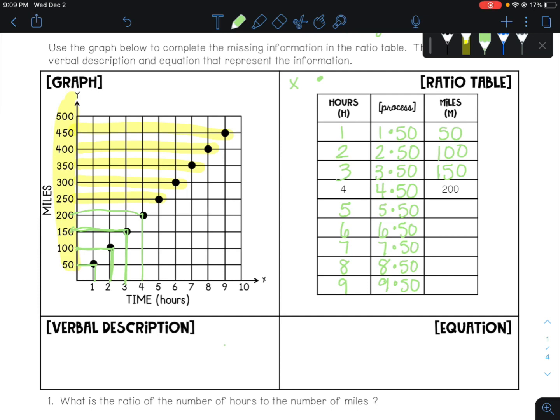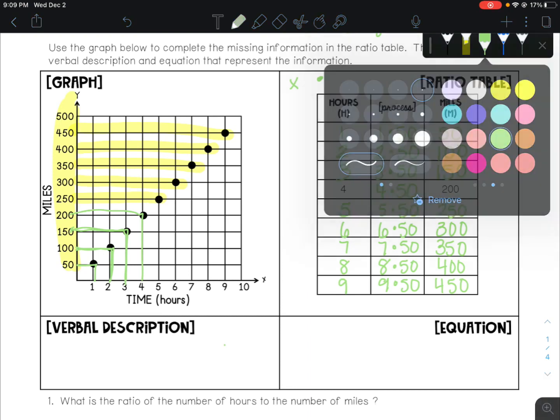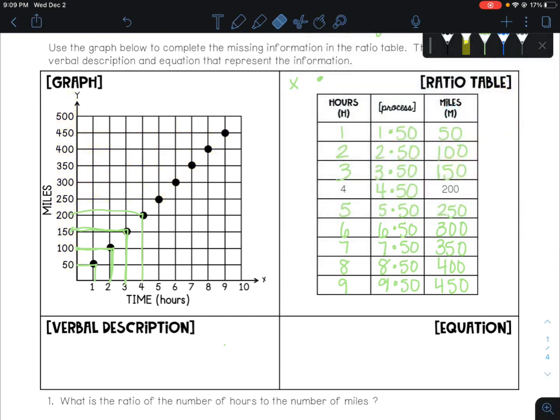So 50, 100, 150, 200, 250, 300, 350, 400, 450. And just to double check that that last column worked out, 450 and 9 is exactly what we had, so it's perfect.